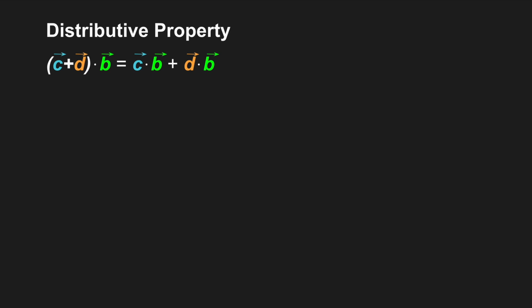To understand the distributive property, let's remember how we interpreted the dot product. The dot product is the product of the magnitude of one vector and the scalar projection of the other.